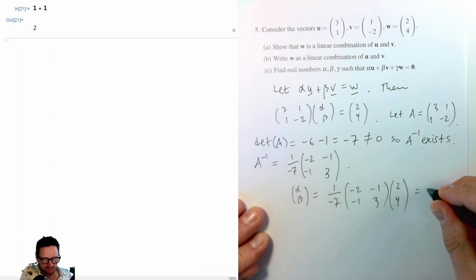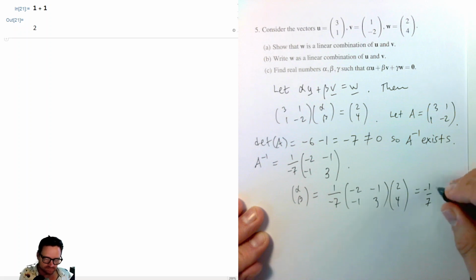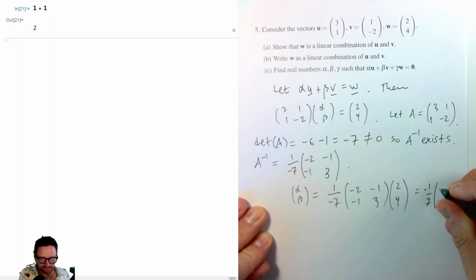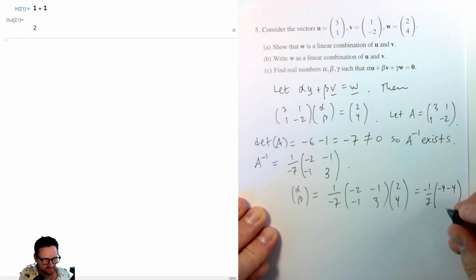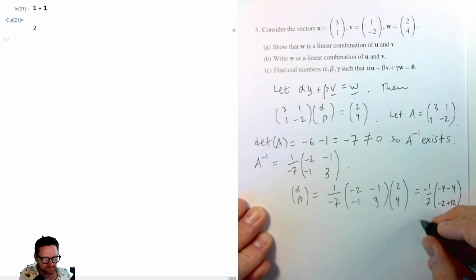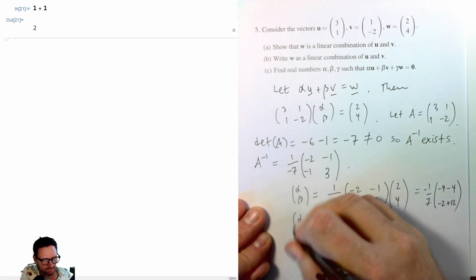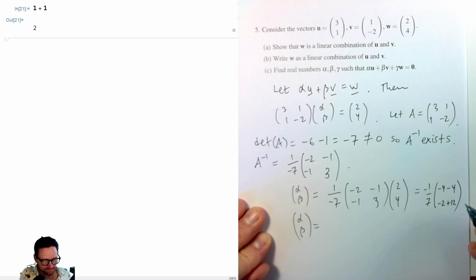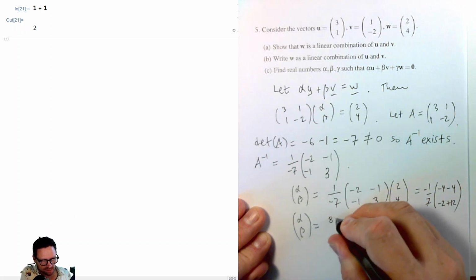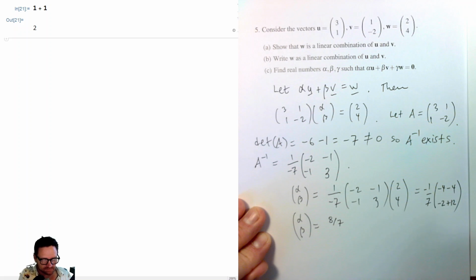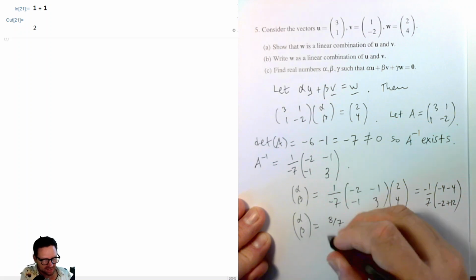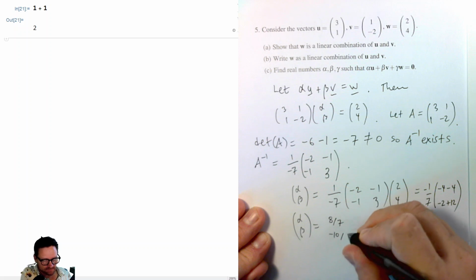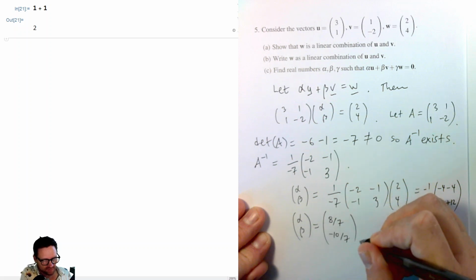So let's multiply this out. So we have minus 4 minus 4. Then down here we have minus 2 plus 12. So this gives us 8 on 7 and minus 10 on 7 for alpha and beta.